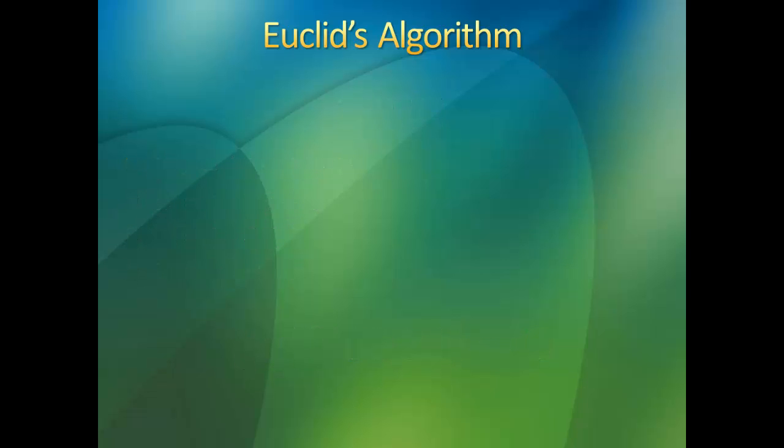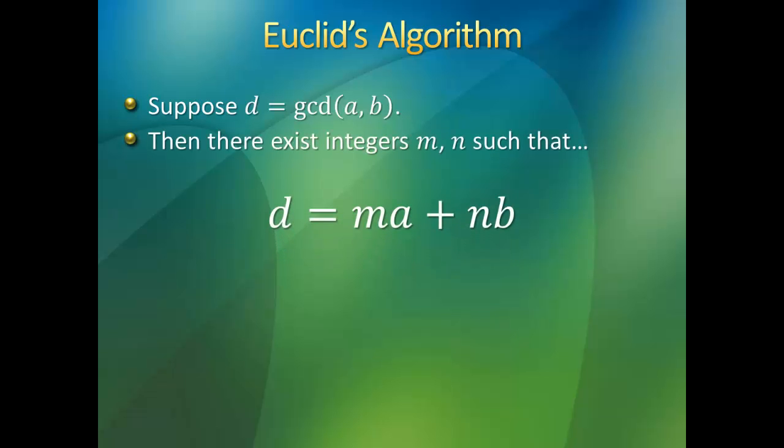Another neat yet important property of greatest common divisors is that you can always express the GCD of a and b in terms of a and b. Specifically, if d is the greatest common divisor of a and b, then we can always find m and n such that d equals m times a plus n times b. We call d a linear combination of a and b.